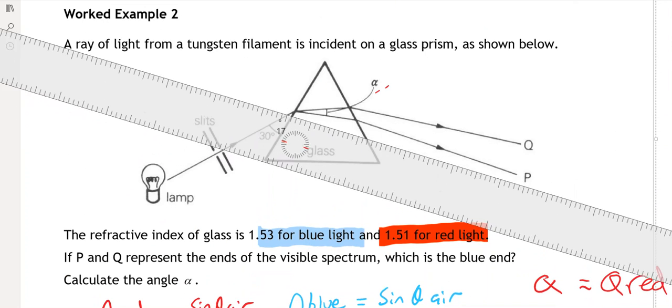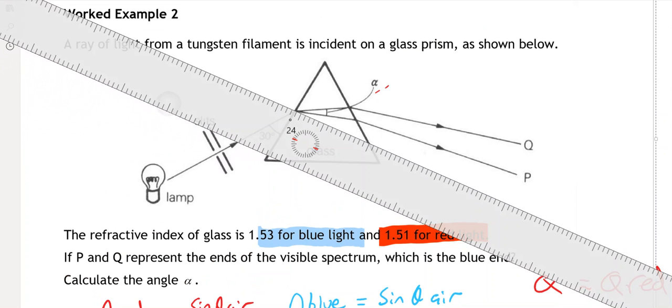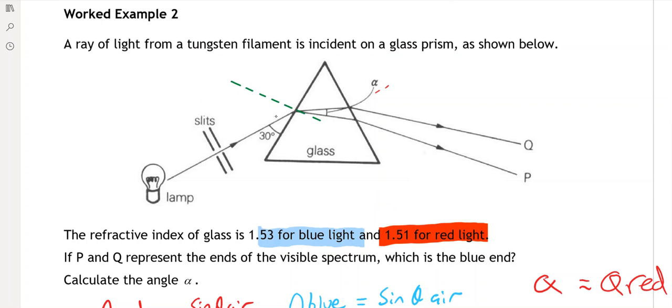We would look with a protractor to draw this at a right angle to the medium. And we can see there that this angle in here is going to be equivalent to 90 subtract 30 degrees, which equals 60 degrees. So our light enters at 60 degrees.